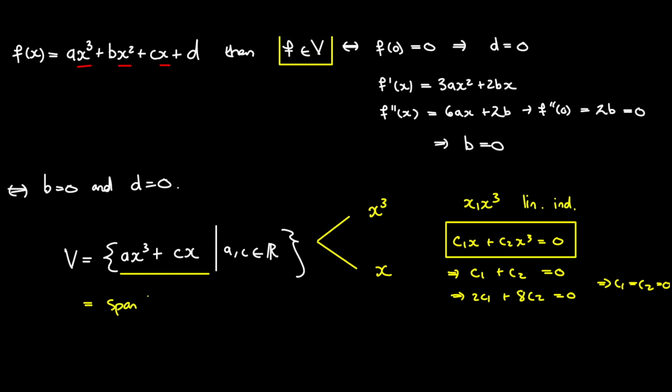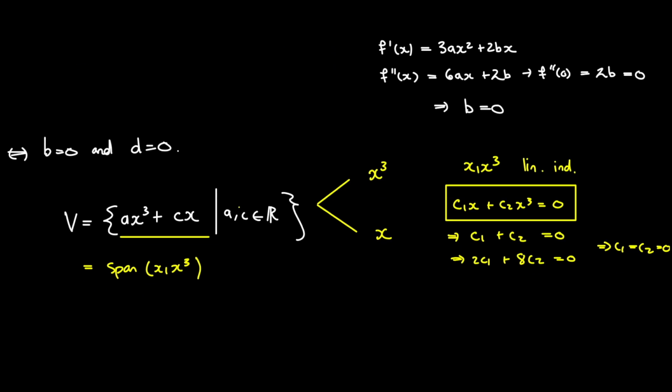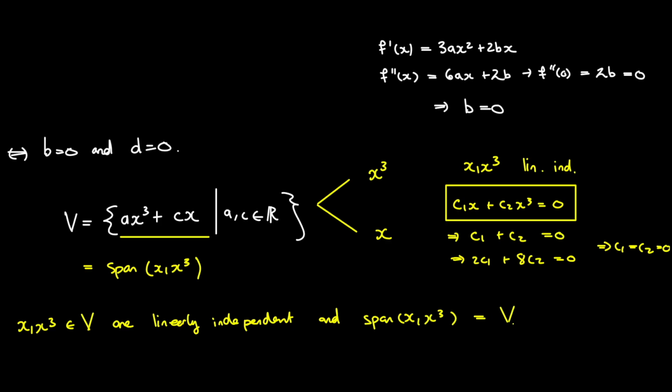But moreover, just by how this vector space is defined, it is exactly equal to the span of the vectors x and x cubed. This is exactly the definition of the span of these two vectors. So in other words, what we've just seen is that x and x cubed, which are vectors in here, are linearly independent, and the span of x and x cubed is equal to the whole vector space.